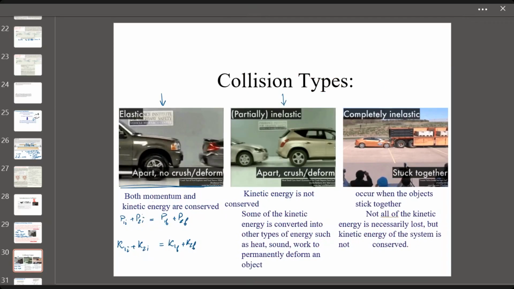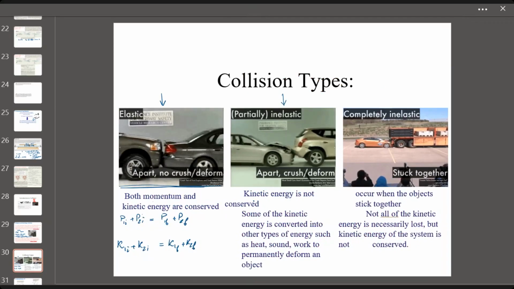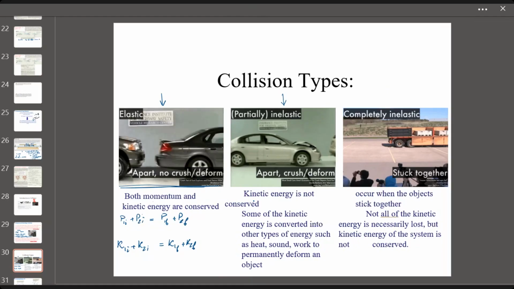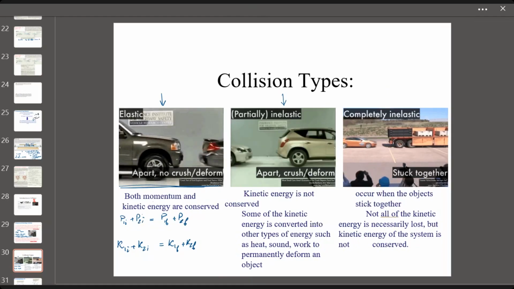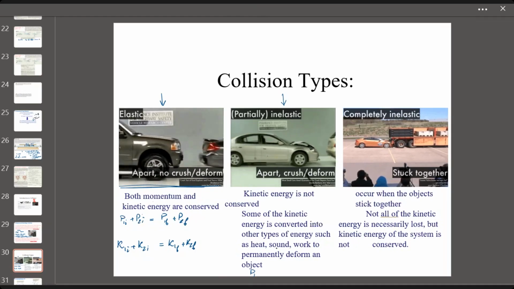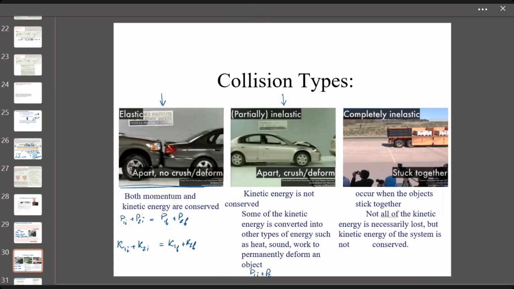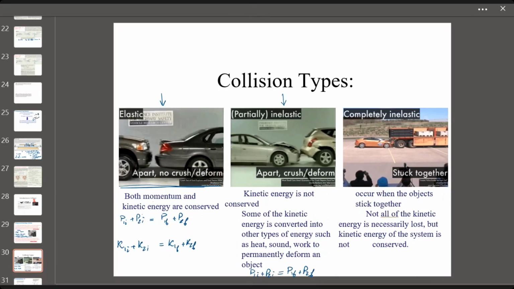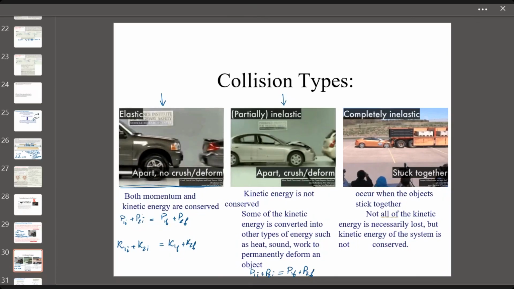Now, if I have a deformation, kinetic energy is not conserved. Some of the kinetic energy is converted into other types of energy, such as heat, sound, work, to permanently deform an object. So here I will only write P1 initial plus P2 initial equals P1 final plus P2 final. This is the only equation I can use.